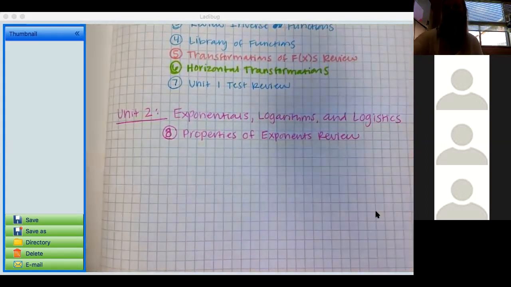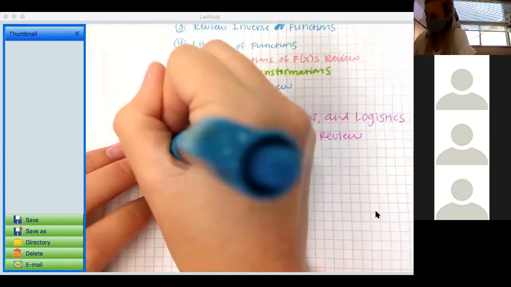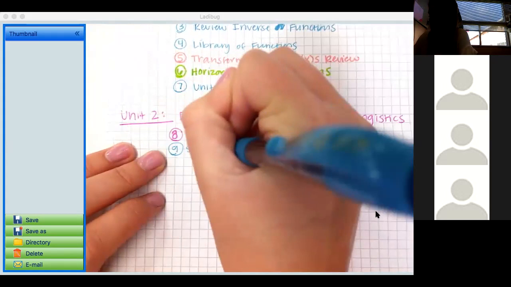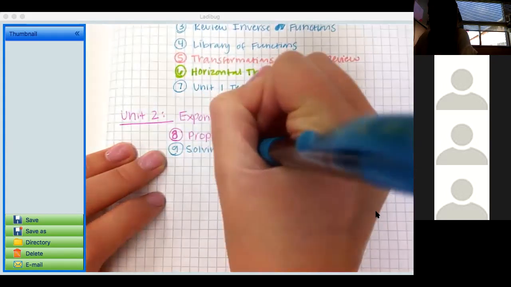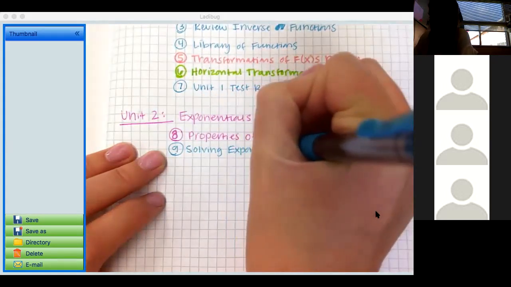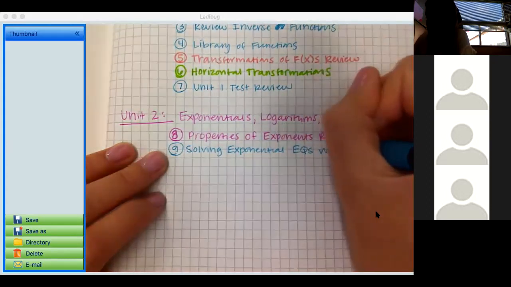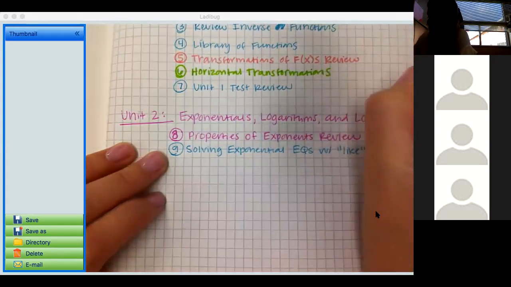And then today's topic is solving exponential equations with like bases.